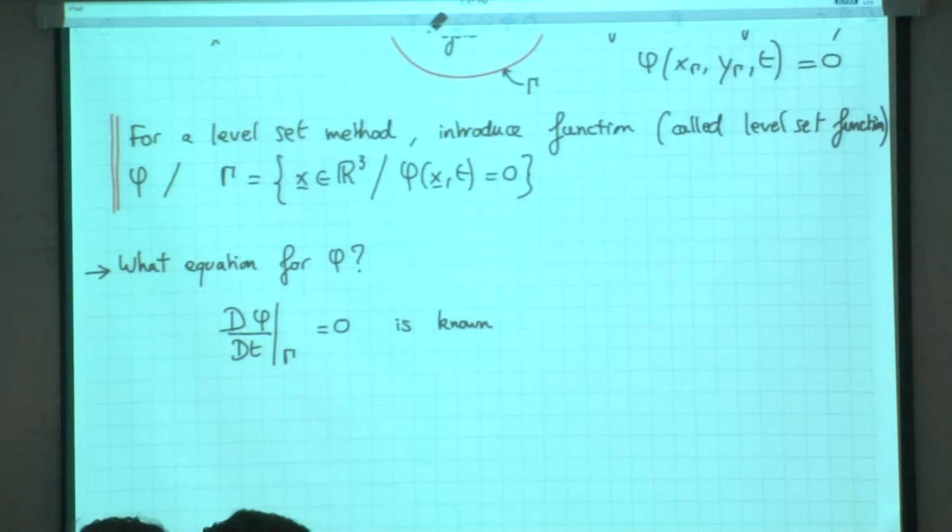Okay? That means that if I move my point at the velocity v, that point carries along with itself its value of phi equal to 0. Okay?